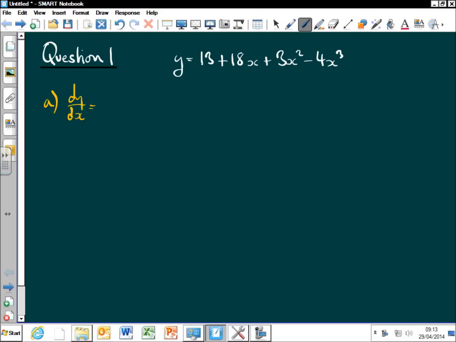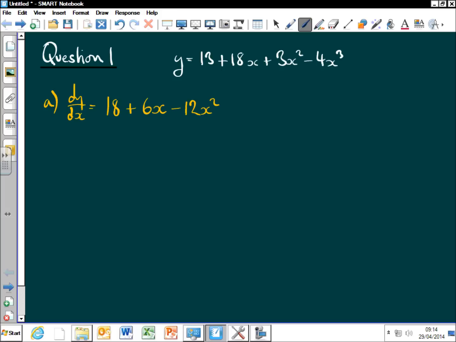So 13 will go, 18x gives us 18 when we differentiate it. 3x squared is going to give us 6x, so plus 6x, and then minus 4x cubed is going to go to -12x squared, and that's 3 marks.